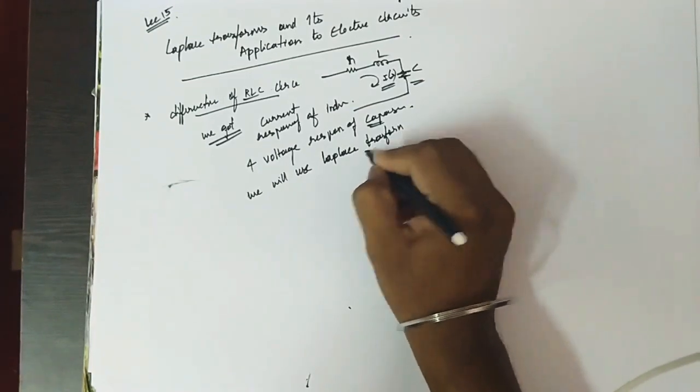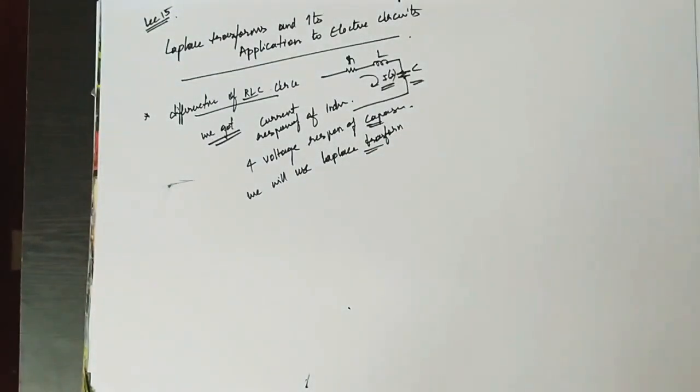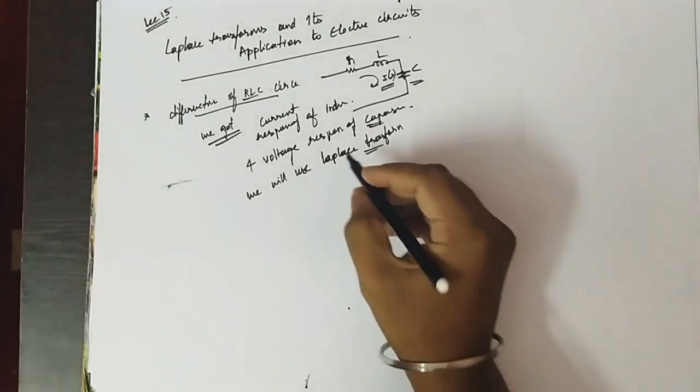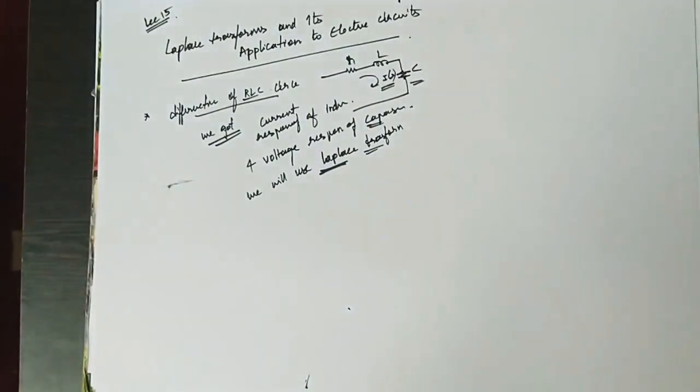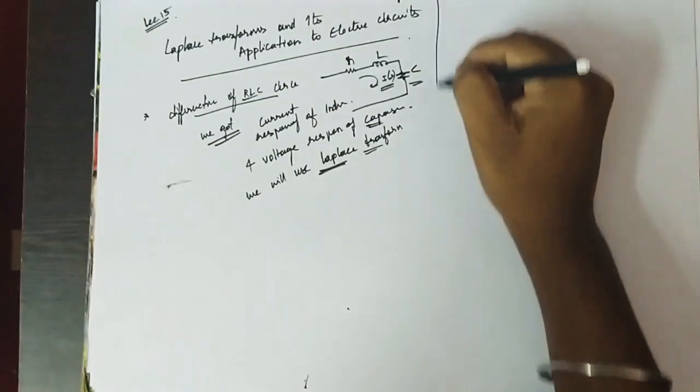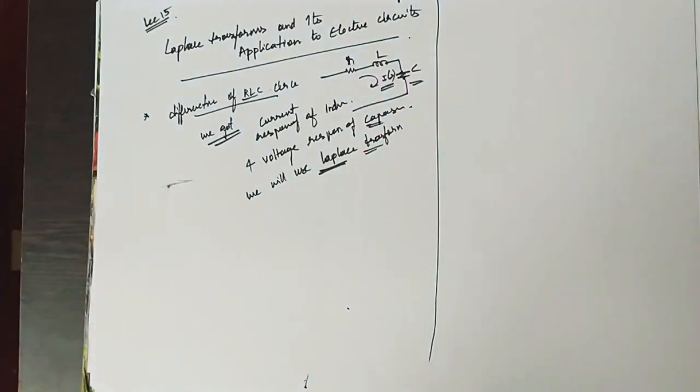So there is a small technique using the Laplace transform. It will be simpler to obtain a solution of the differential equation. The only mathematics you need is algebraic equation solving, and then you need to apply the inverse Laplace.